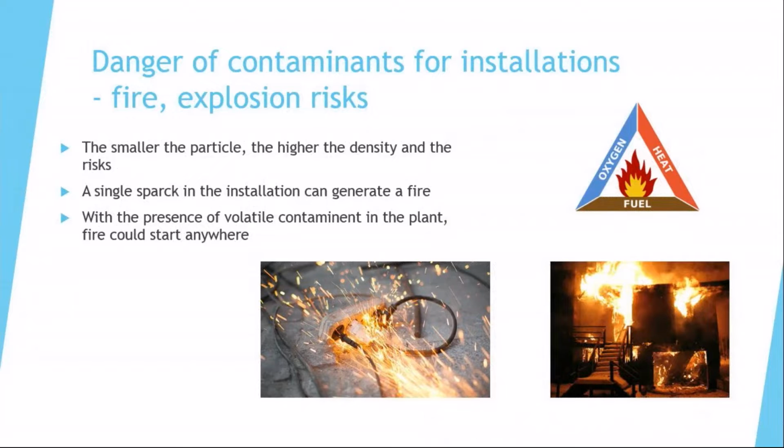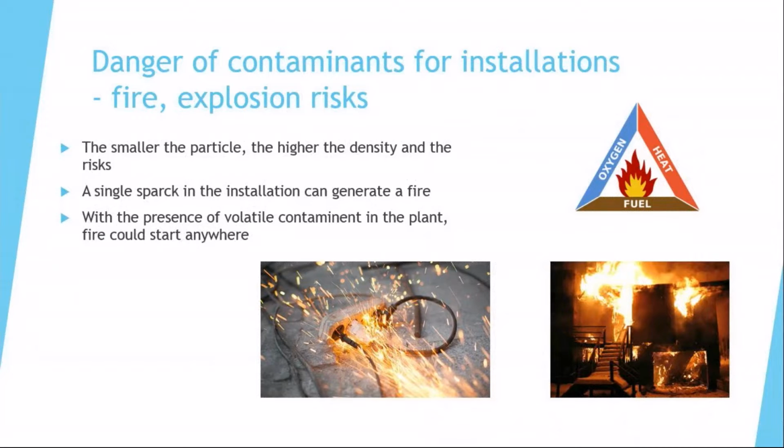A small electrical spark, from a light, from a machine, from a small tool can generate this risk, and this risk is really dangerous for the whole plant, the personnel, the equipment, and could be really dramatic.